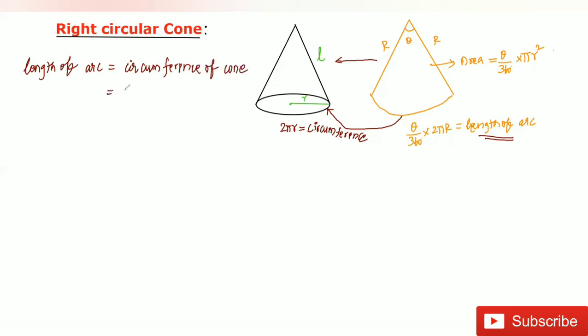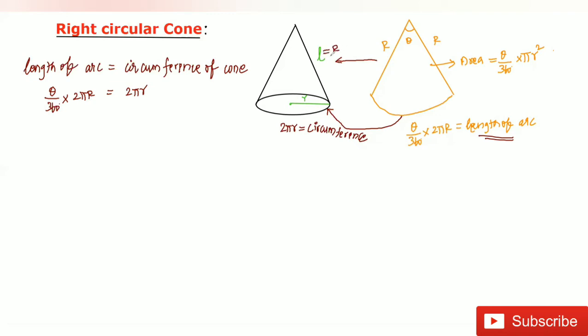Here the circumference formula we know very well, that is 2 pi r. But the length of the arc here is theta divided by 360 degrees into 2 pi capital R. That's it. Here, what we need to find, before that, this capital R and the slant height will be equal.